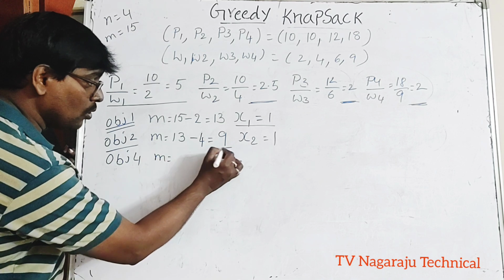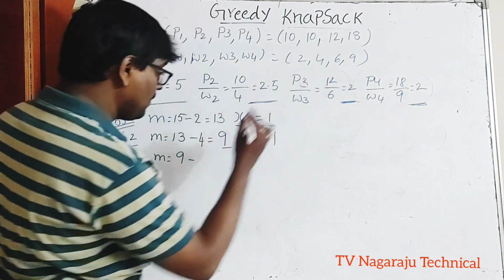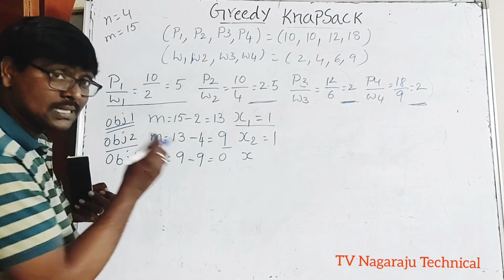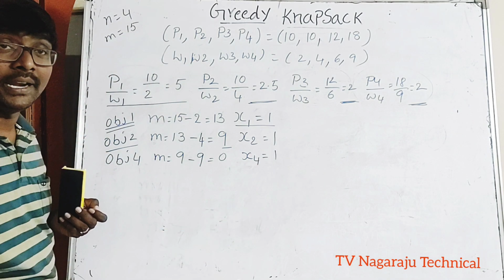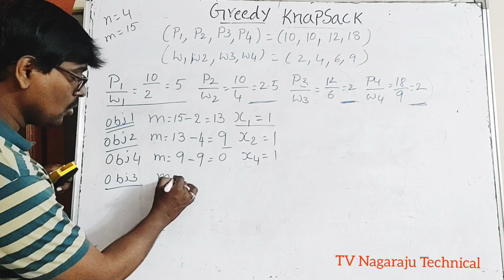So m is equal to the previous capacity 9 minus the weight 9, which is 0, and my object 4 is completely inserted. Now what about object 3? M is equal to 0.